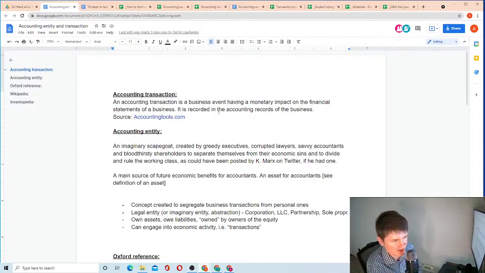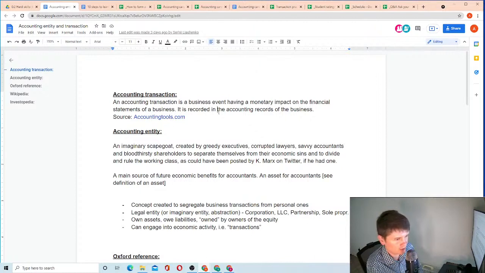Usually when we say that something has an impact on an entity, on a company, we mean that it has monetary impact on a company, because a company most of the time is all about money, all about monetary impact on financial statements, and it is very true, 99.9% true when you look at it as an accountant.